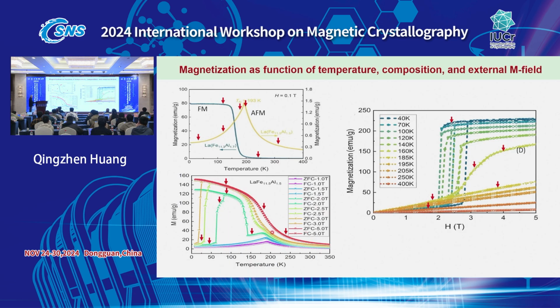For example, at low field, it always shows only one transition, and then as the field comes up, maybe to 2 Tesla, you see one transition, the other transition, and somewhere like here you have a slope change, also maybe a transition.